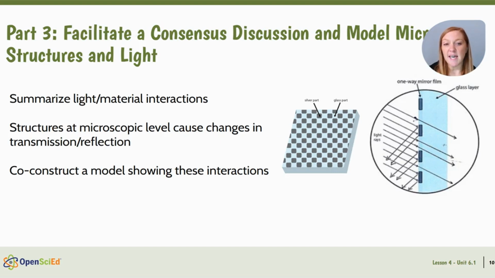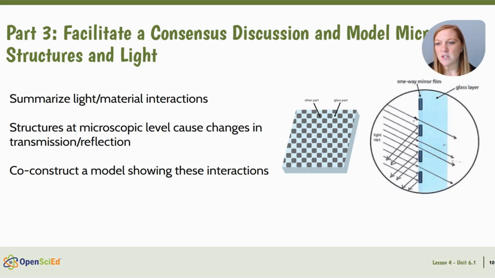We're going to facilitate a consensus discussion, and we're going to model that microscale. So we're going to not just model the light rays, but we're also going to include the structures that cause the light rays to reflect or transmit. And so we will talk about the structures at the microscopic level, so impurities in glass and how those can cause light to reflect off of or prevent light from transmitting through.